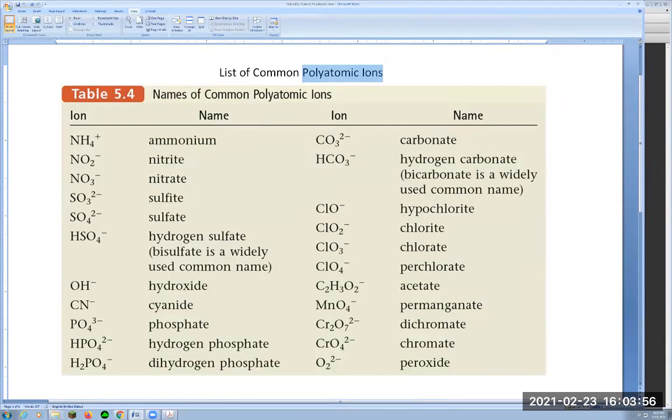So let's find carbonate here. And if you see it in the right column, it's the first on top of the right side, carbonate, CO3 2-. So you want to use this list to help you find the correct formulas for your polyatomic ions.